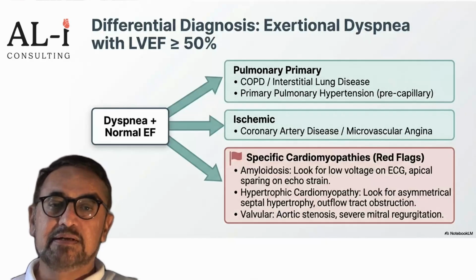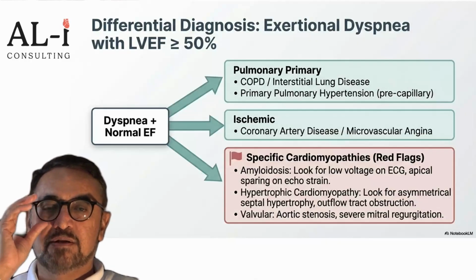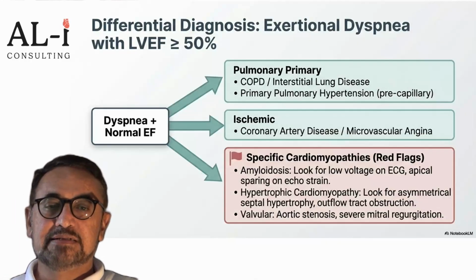Valvular disease, especially aortic stenosis or severe mitral regurgitation, can also produce exertional dyspnea with a normal or preserved ejection fraction. So the diagnosis of HFpEF is not made by ejection fraction alone. It's made by integrating symptoms, objective physiology, and a disciplined search for competing explanations.